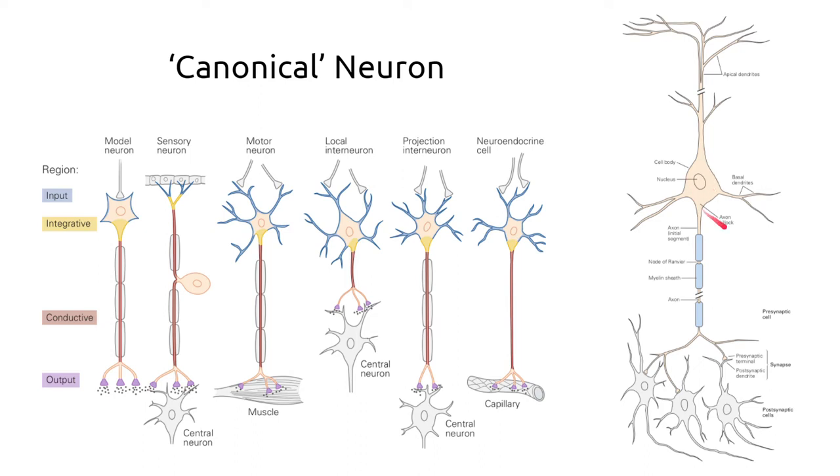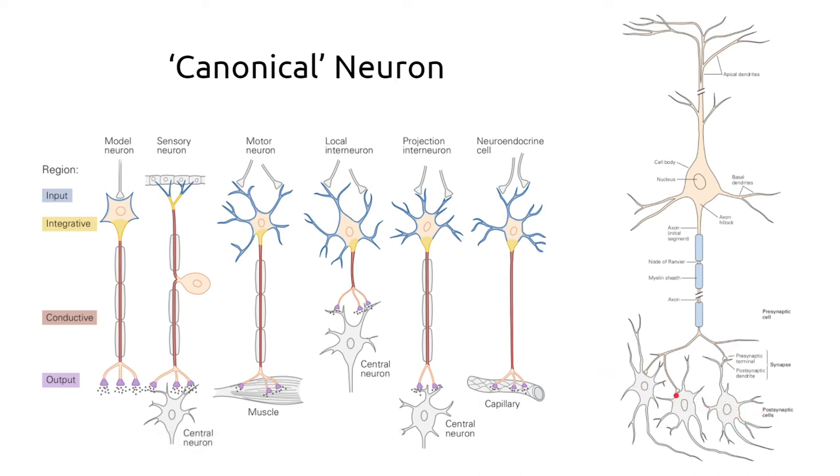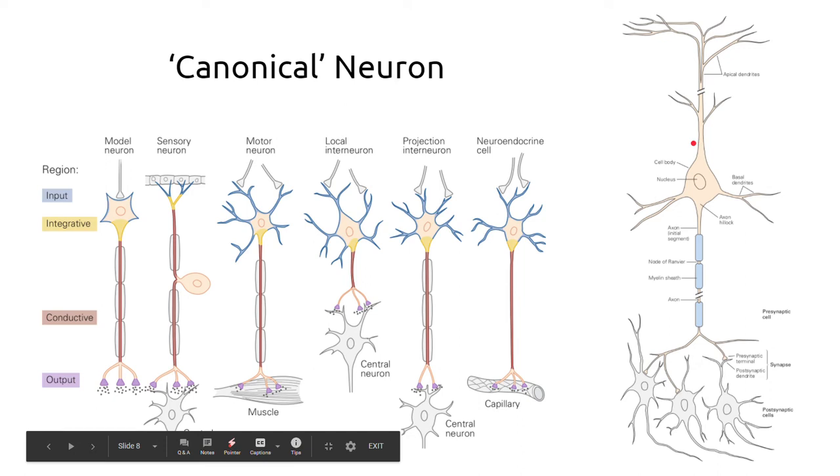And then there tends to be a long output, or sorry, I shouldn't say output yet because we don't know their output yet. There tends to be a long thing coming off of that cell body that then branches a little bit and is then up next to the next neurons. Okay, so that structure is pretty common-ish.